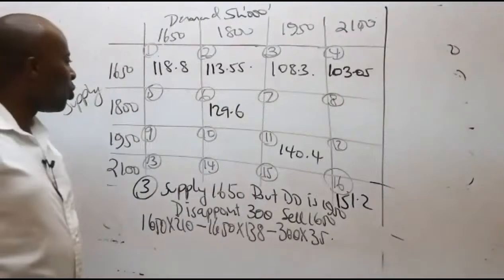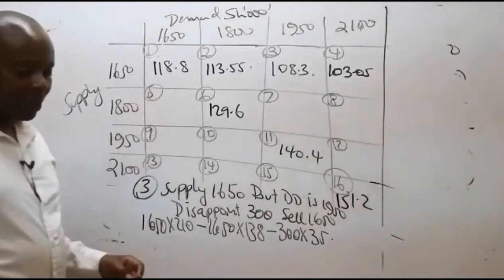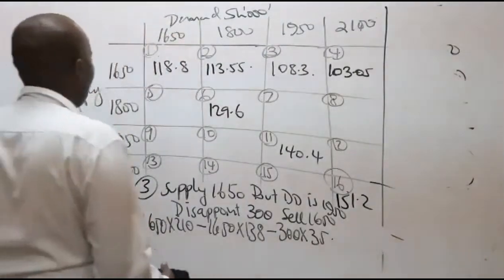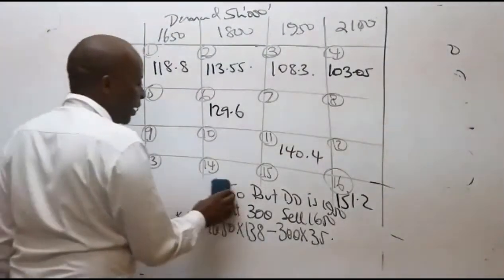So let us go to cell number 5. So cell number 5 is quite a tricky one.